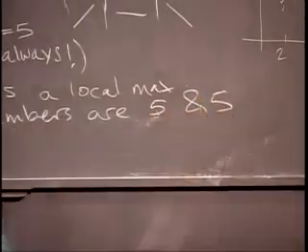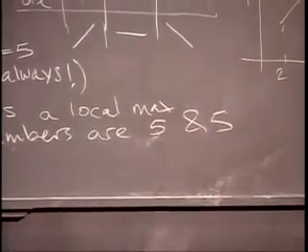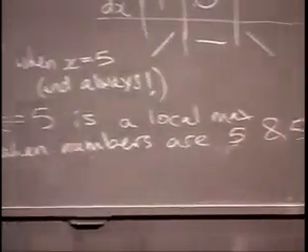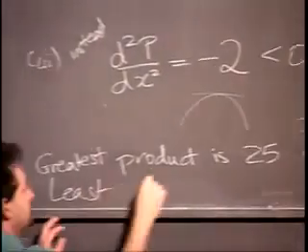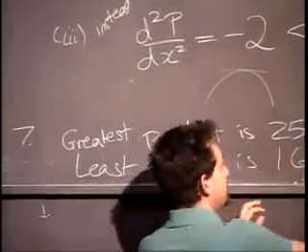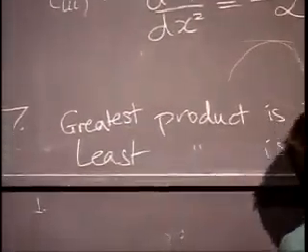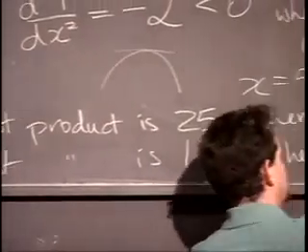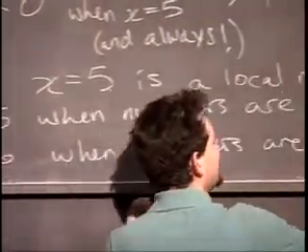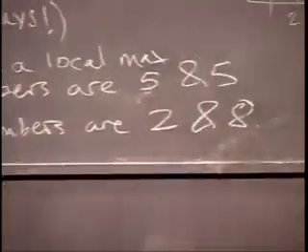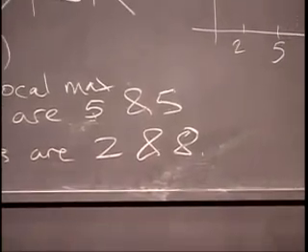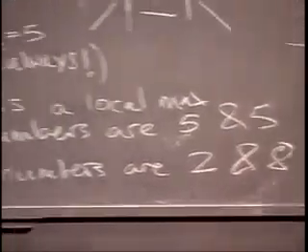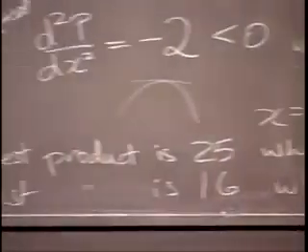You have to solve for y to find the other one, and of course it's 5. And the least product is 16 when the numbers are 2 and 8. No need to write or 8 and 2. I think that's okay. We can cope with 2 and 8 being the same as 8 and 2.